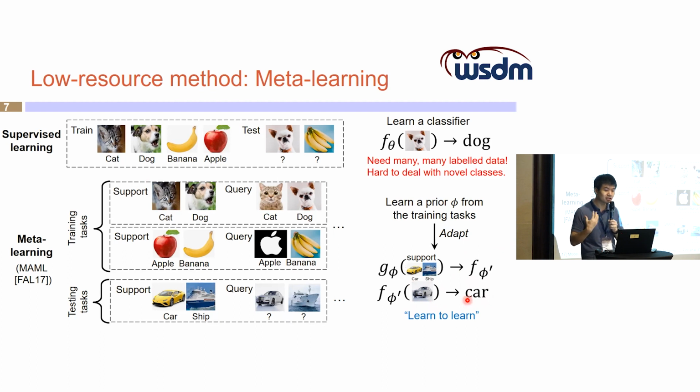So the key idea is that in the training stage, we do not directly learn a classifier, but we learn a prior that can help us adapt to testing tasks in future to deal with novel classes. This is called learning to learn, because we do not actually learn a classification function, but we learn a prior that allows us to learn a classifier. This is why it's also called meta-learning.